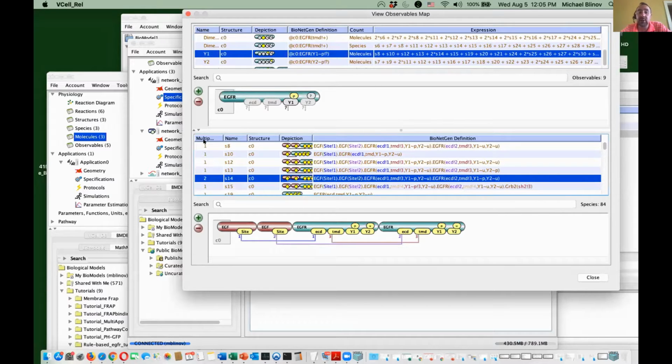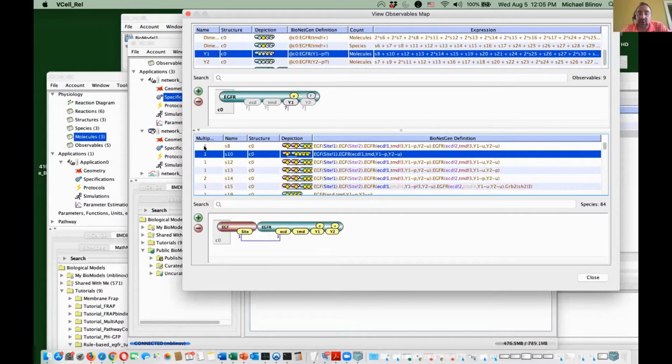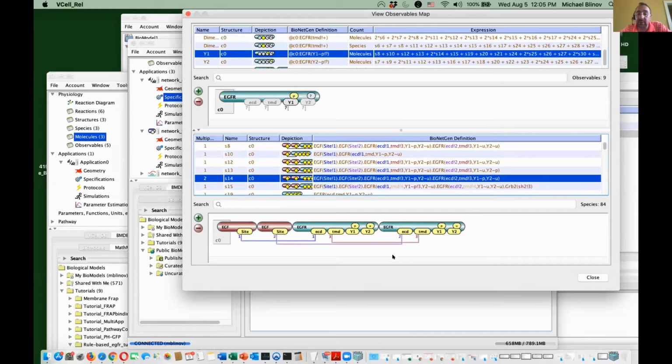So what does it mean? Species that has a single molecule has a multiplicity of 1. So you count the population number or concentration of these complexes as one, because it has only one receptor. But this dimer has 2 receptors, both of them phosphorylated on site Y1.